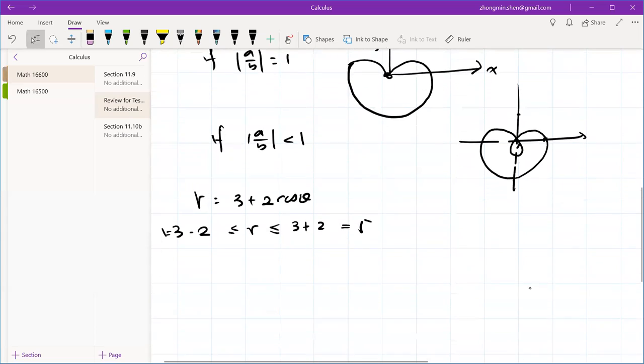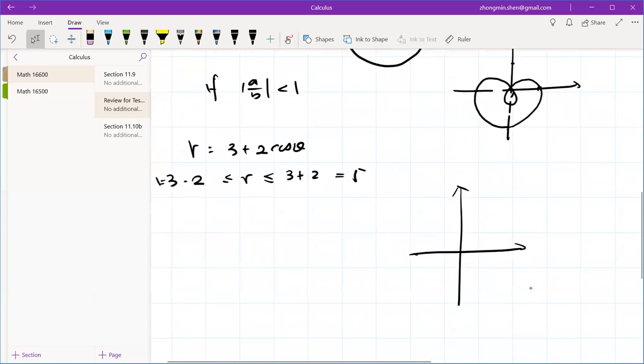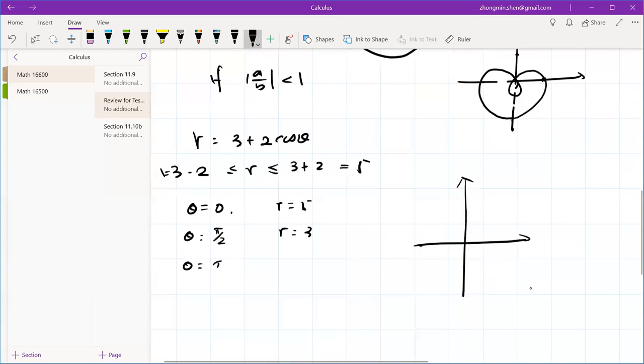So it will increase. Let's draw the picture here. When theta equals 0, r equals 5. This is the longest one. When theta equals pi over 2, r equals 3. When theta equals pi, r equals 1. That's the shortest.